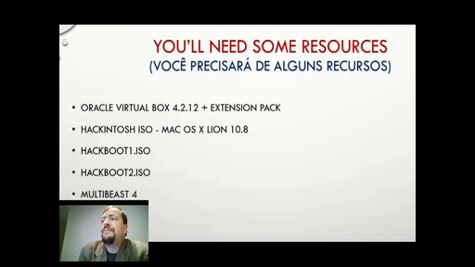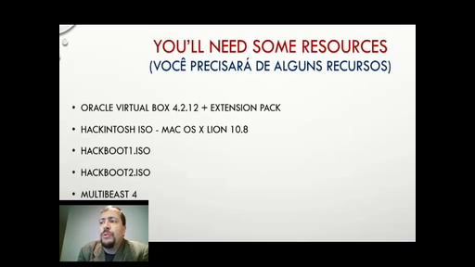You have to install Oracle VirtualBox with the extension pack. The version that we are using is 4.2. You have to download an ISO image of a Hackintosh. We choose the macOS X Lion 10.8.